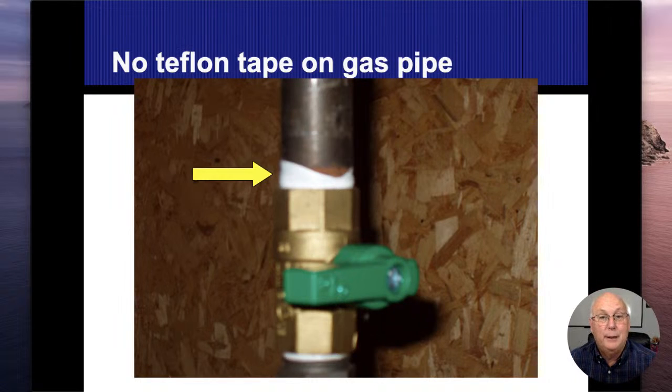Now there is a Teflon tape that is made for gas pipes. It's yellow in color, and that's supposed to be its identifying mark. I have seen that, and it fades to a creamy white after about 10-15 years. And this white Teflon tape kind of fades to a creamy yellow after about 10 or 15 years.